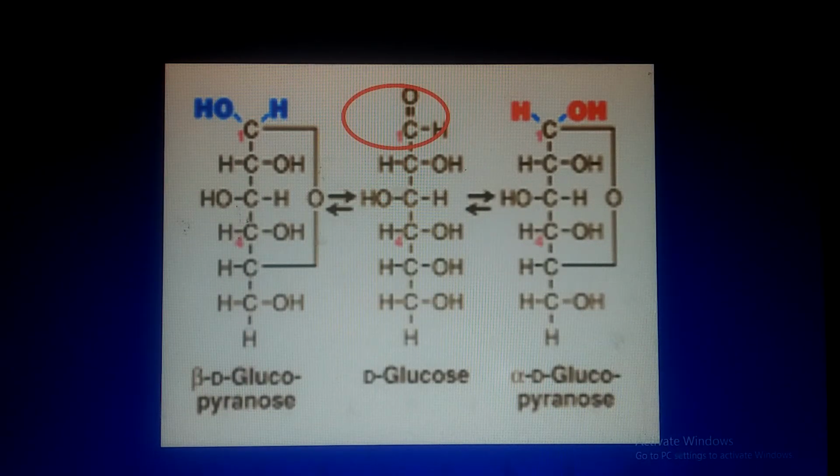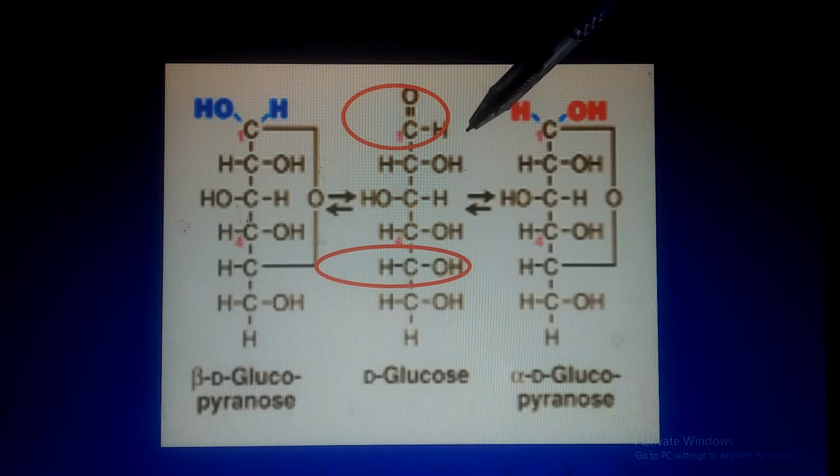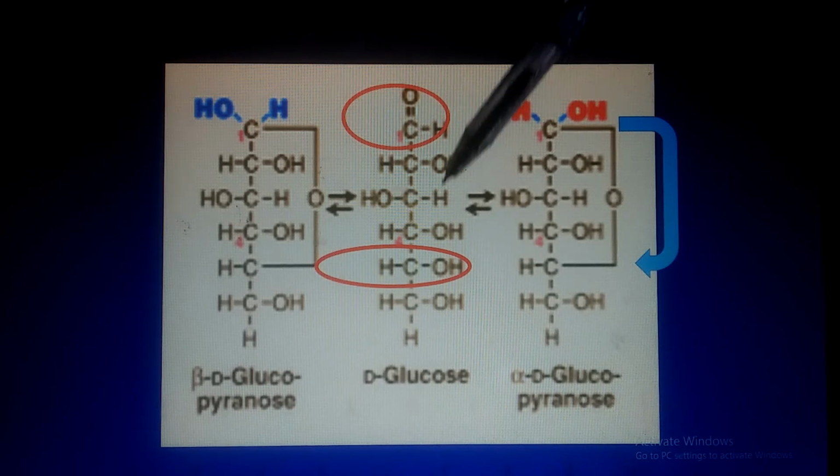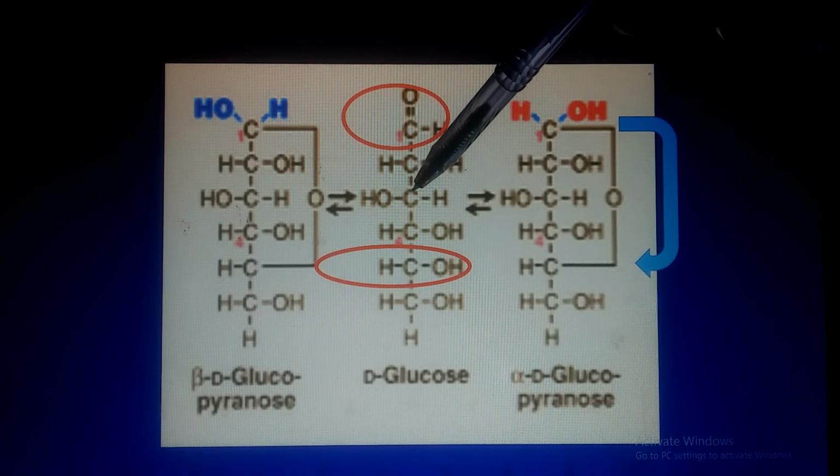You can see here the simplest open D-glucose, dextrorotatory D-glucose. Okay. Now this is the simple acyclic, and then it becomes the cyclic form. How does it become the cyclic form? You can see this is the OH group at carbon number 1, 2, 3, 4, 5.